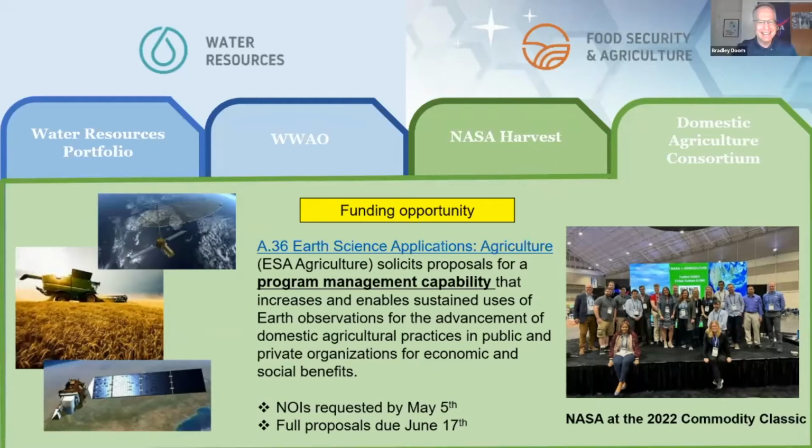Yeah, you missed it. But yeah, Alex was there talking to associations, talking to ag producers, really putting NASA in both an interesting but kind of an uncomfortable spot. We got a lot of pointed questions like, why are you here? What's NASA doing here?